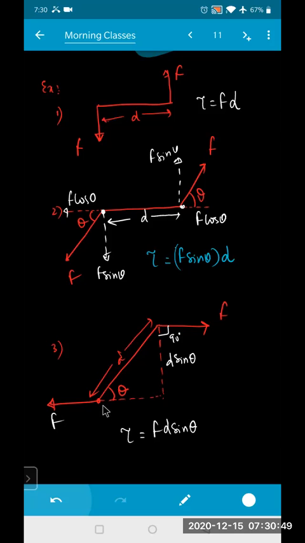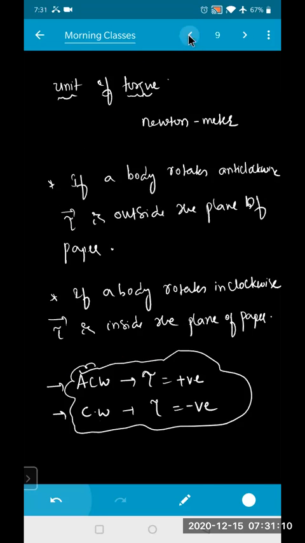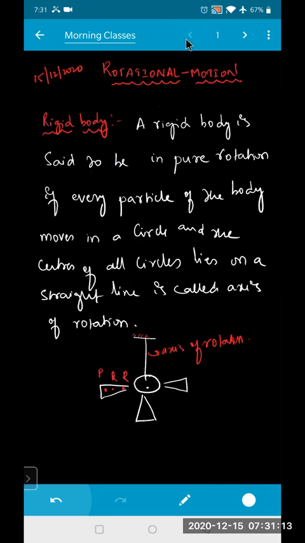About this axis, isn't it? So that is the way you resolve for the given condition. Or else, if we take this perpendicular distance, this force into this perpendicular distance, torque is always F d into sin theta. Okay? I will try to do more numericals in tomorrow's session of your class. I hope you got a rough idea related to torque right now.